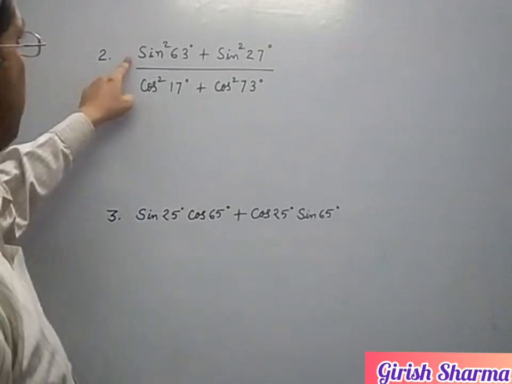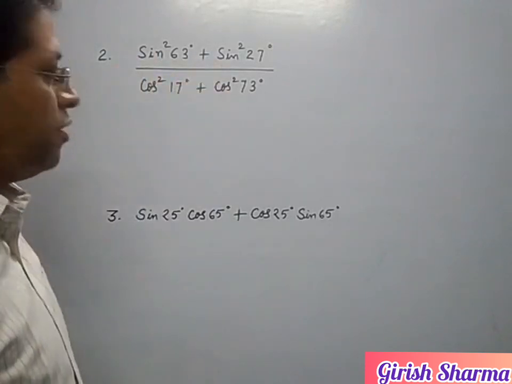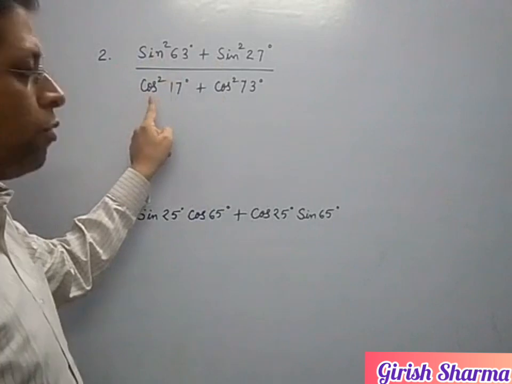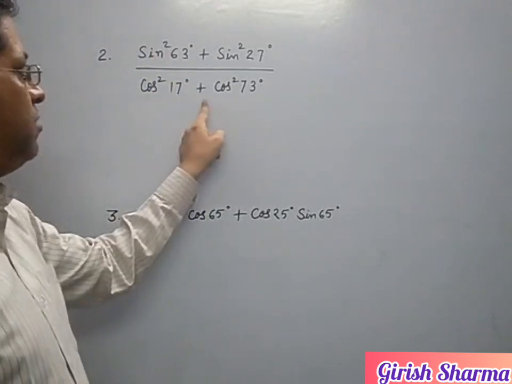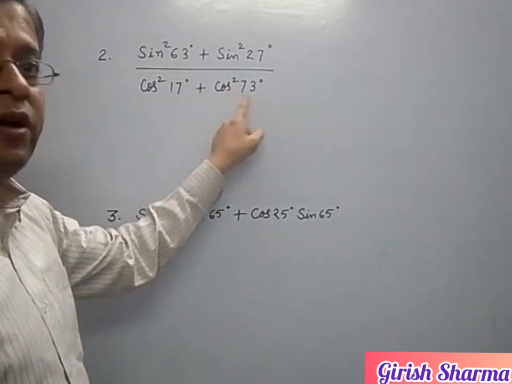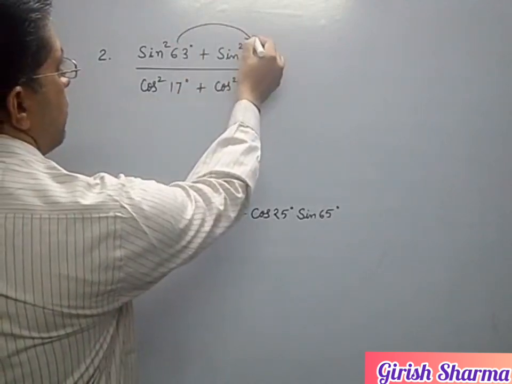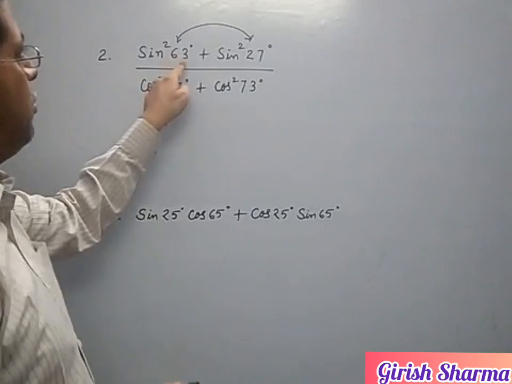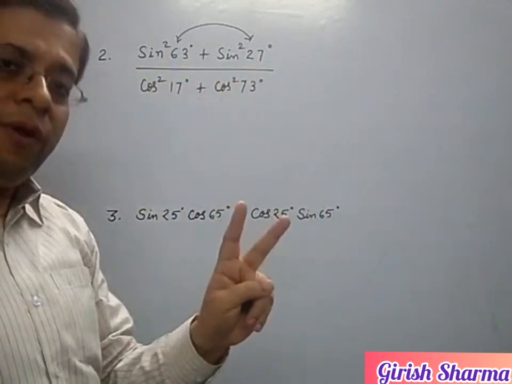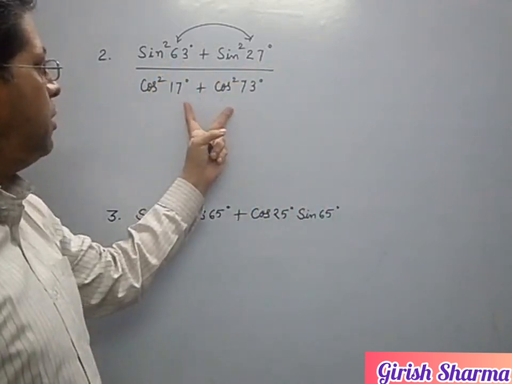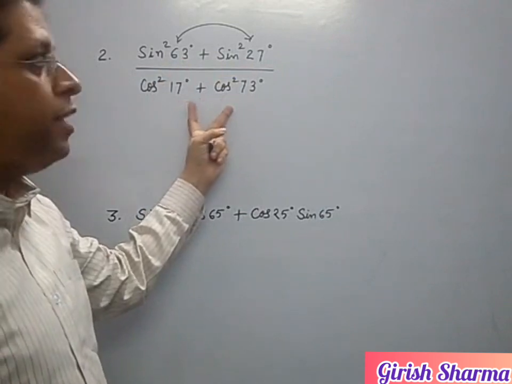See here, what is sin square 63 plus sin square 27 upon cos square 17 degree plus cos square 73 degree? See here, what is the relation? If I add 63 plus 27, these two are complementary angles. The sum of these two is 90 degree.